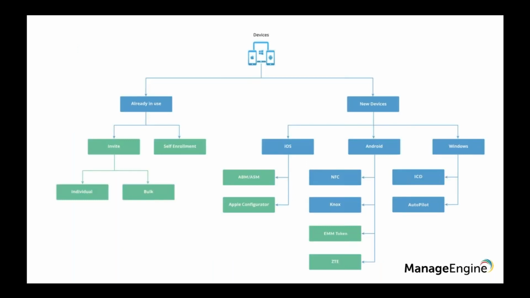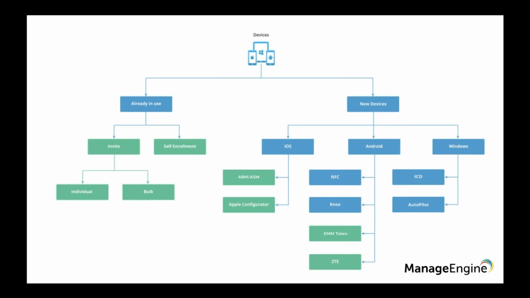So we have covered most of the enrollment process itself, like devices that are already in use for your invite or your self-enrollment option, and new devices for iOS, which are ABM and Apple Configurator. For Android, we discussed the EMM token and Zero Touch. We also have other enrollment options under Android, like NFC and Knox.